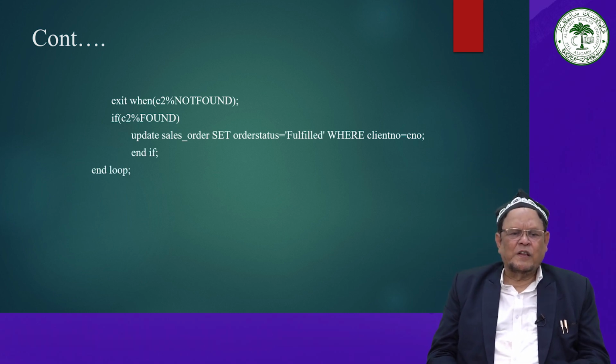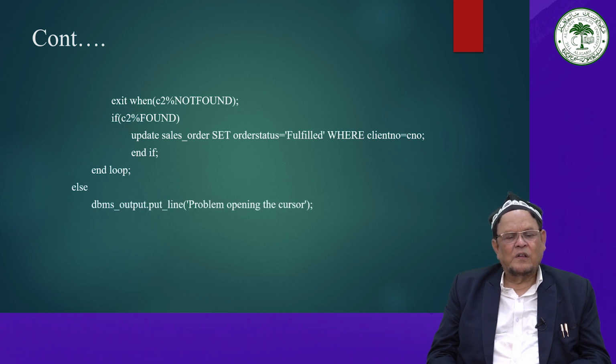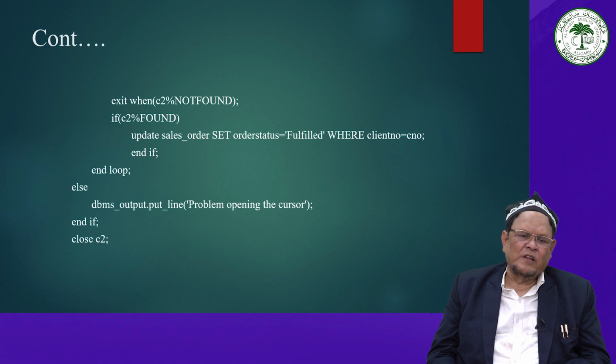Then end if, then the loop will be closed. Then in the DBMS output line, problem opening the cursor, and end if, then you have to close C2 and end if.